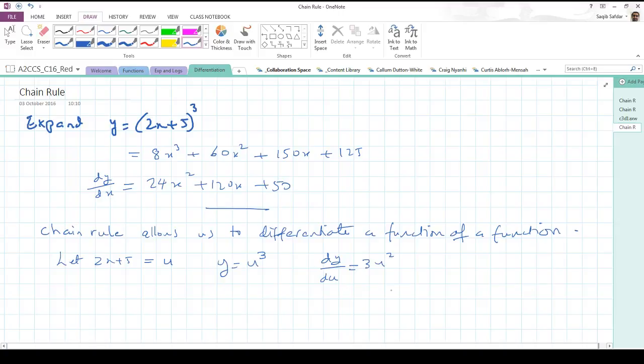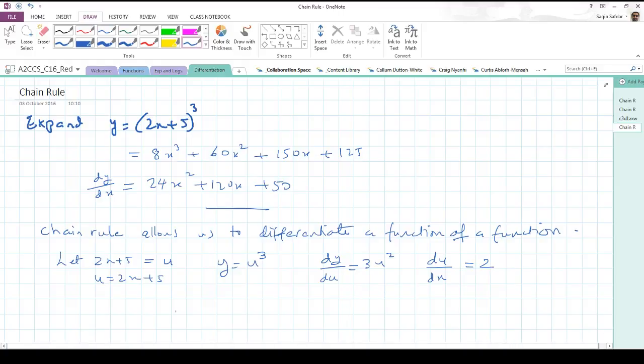We've also got u equals 2x plus 5. So if I write down du/dx, so I differentiate u with respect to x, what would you get? Anyone? 2.